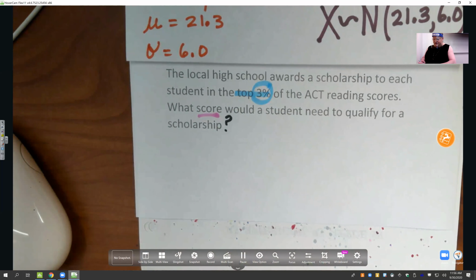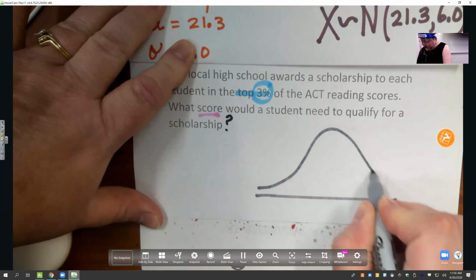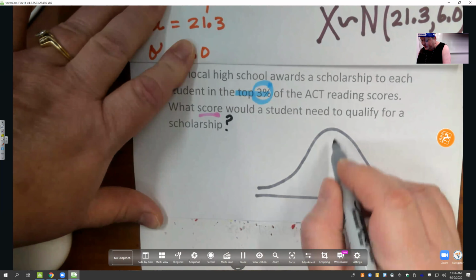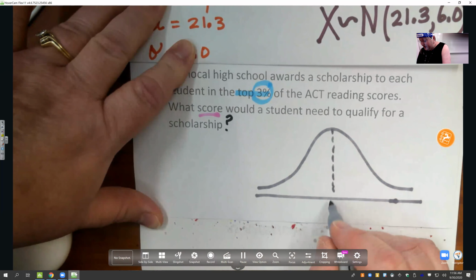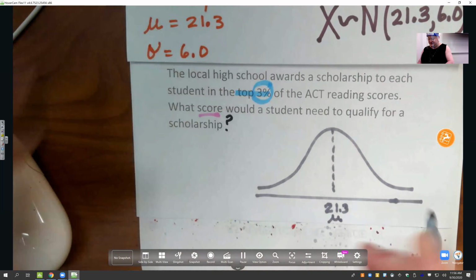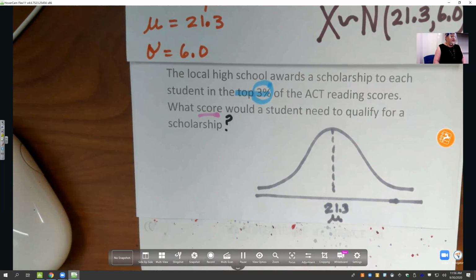So let's draw a picture. Horizontal axis, bell-shaped curve, mean in the middle, 21.3, excuse me. Now this time it says the top 3%.